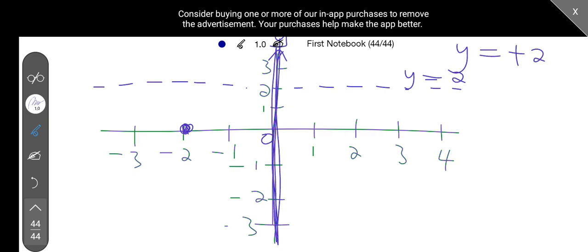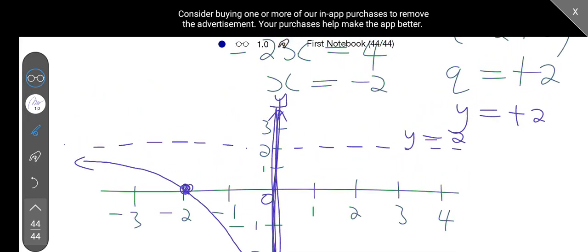I hope it is clear. Your graph must not touch this line. So your graph will go like this. Will approach the asymptotes but will never touch them. And this is the first arm. The second arm, you are going to draw it in the first quadrant, making sure that it never touches the line of y is equal to 2, and it doesn't touch the line of x is equal to 0.